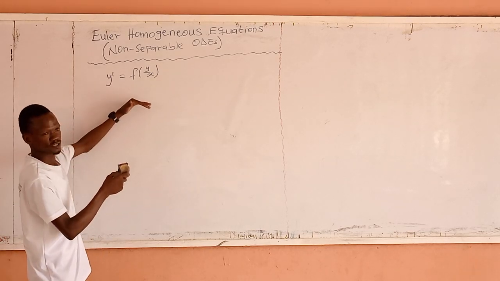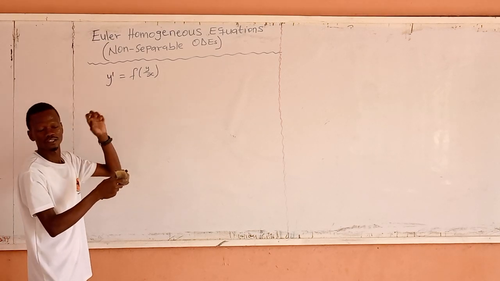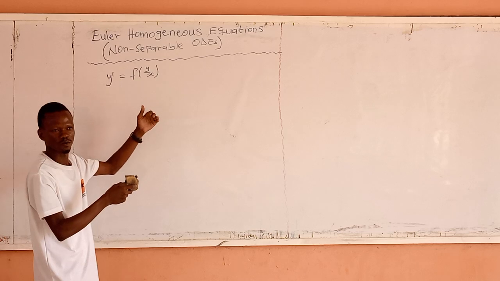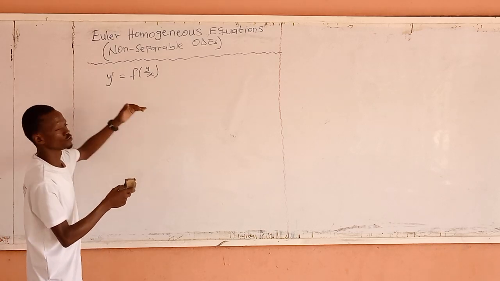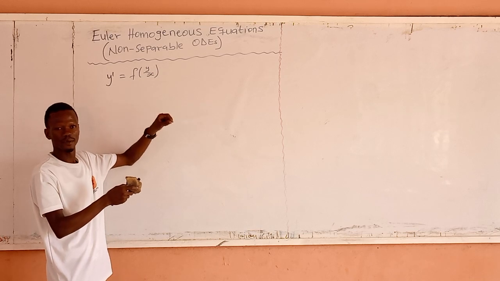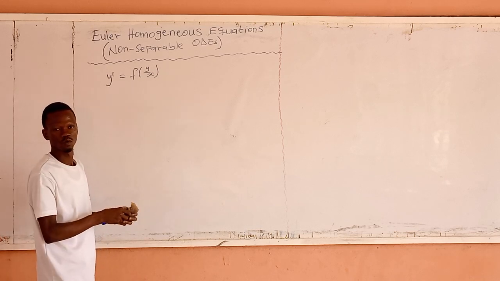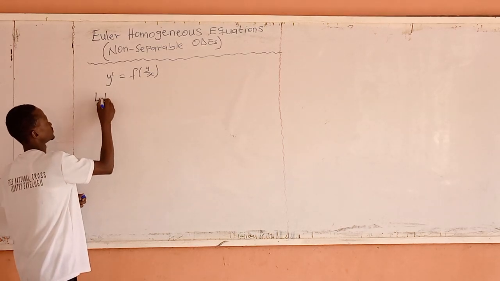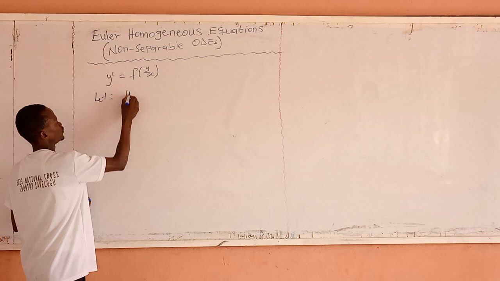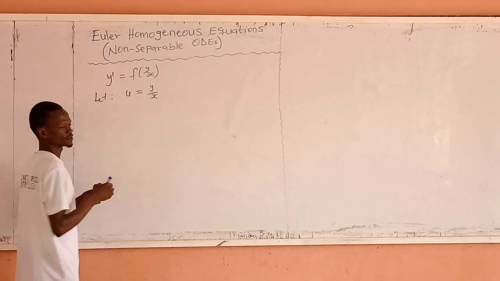How then do we solve this? As I said, we solve this by reducing it from the non-separable form into a separable form. So that's by the reduction method. And then we try to change the dependent variable into a new variable so that we can integrate both sides. So we say that let u be equal to y over x.